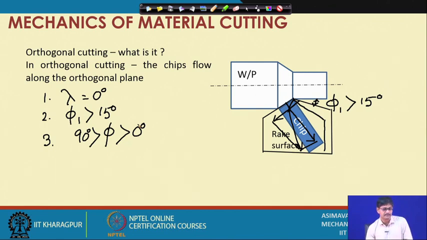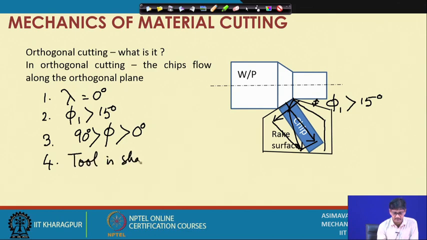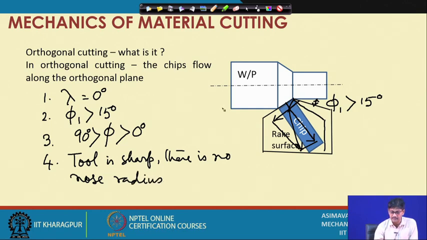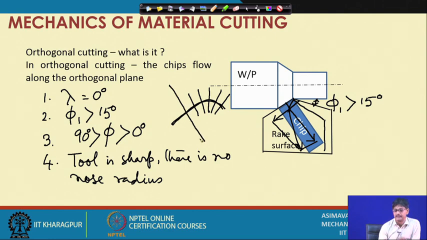Okay. And of course, there are other conditions like the tool is sharp, there is no nose radius. If nose radius is present, it will make the cutting edge have different orthogonal planes at different points, and they will contribute to the respective speed vectors from different portions, and there will be ultimately a resultant direction which might not match with this orthogonal plane.